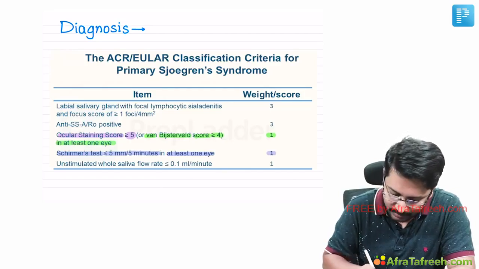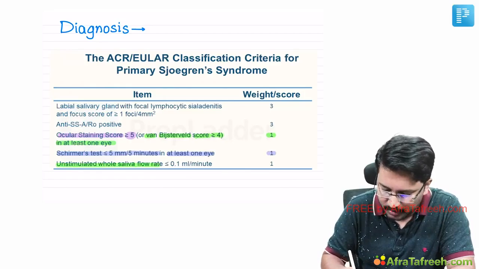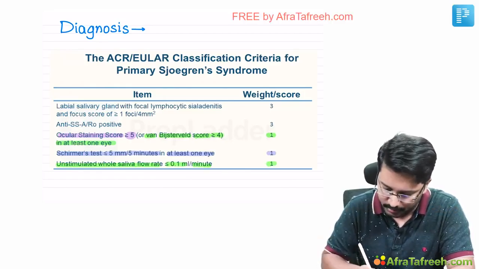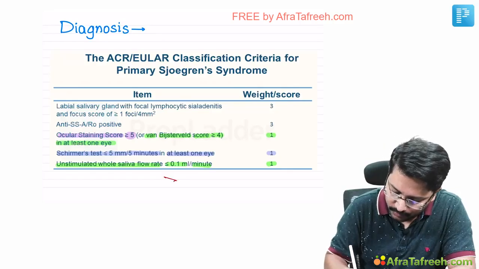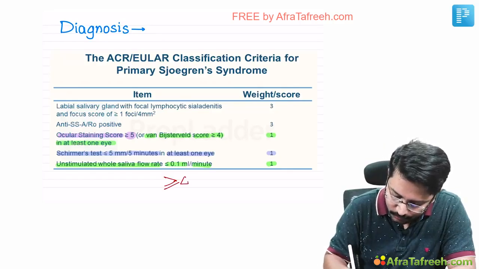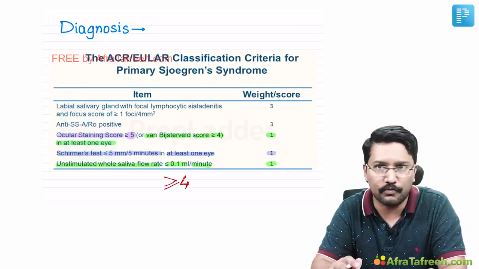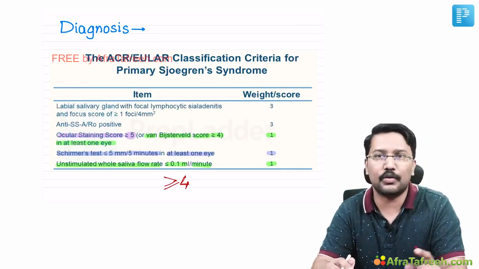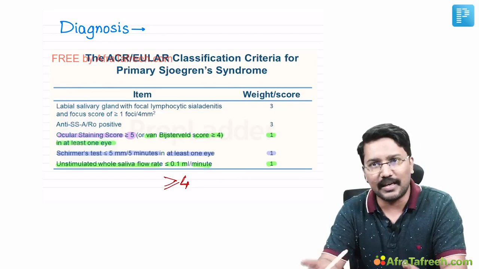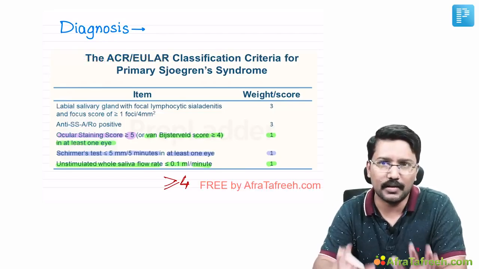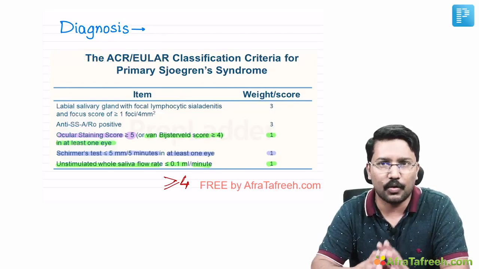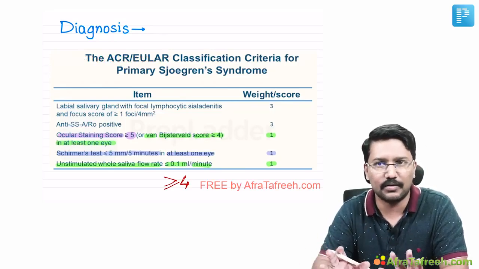And they also talk about unstimulated whole saliva flow rate of less than or equal to 0.1 ml per minute, the patient gets 1 point. If the patient gets a score of more than or equal to 4, and meets all the inclusion criteria and is negative for all the exclusion criteria, then you can classify the case as primary Sjogren's syndrome, right?